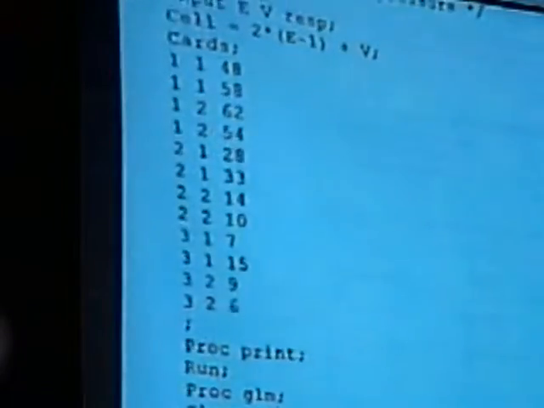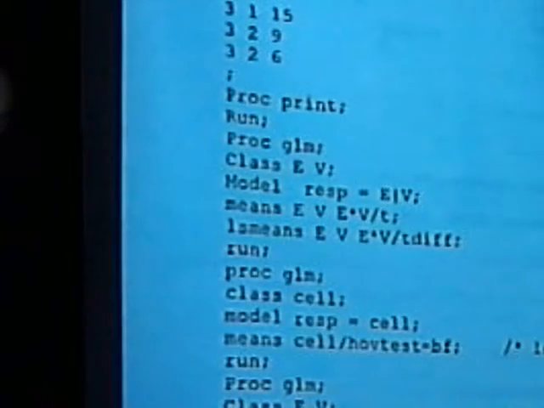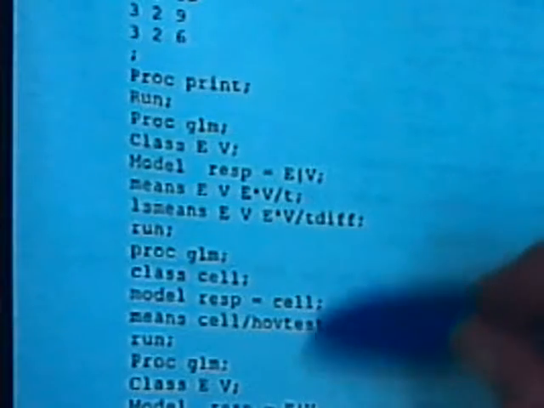I used it only here in this middle GLM so that you could see what was going on. And I used it only to run Levene's test. So the only place where the cell variable was used was in this middle GLM to run Levene's test.